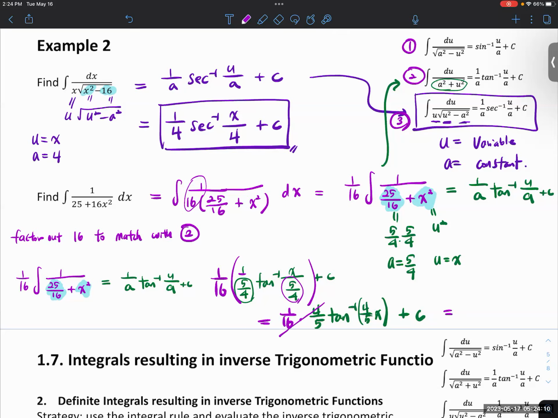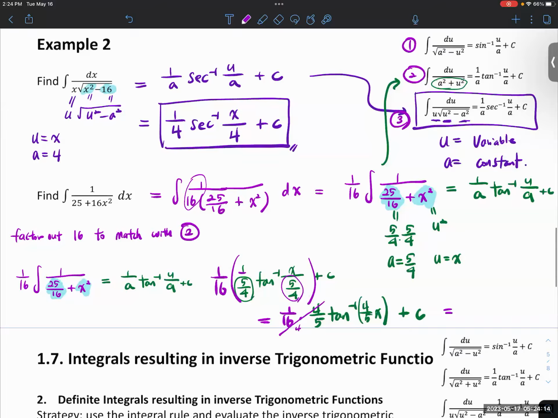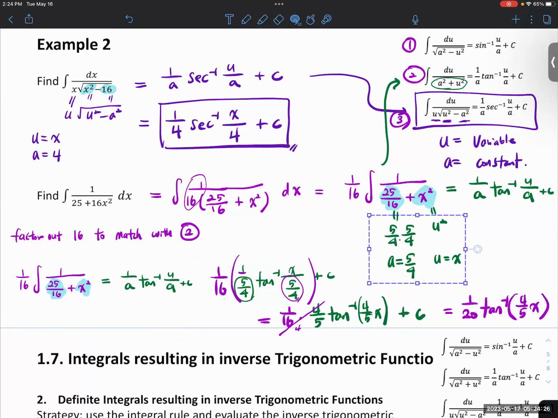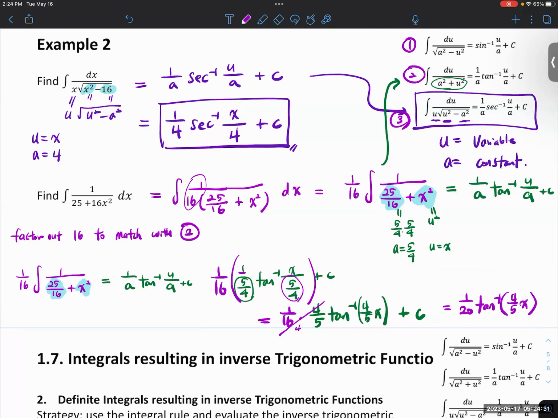So 4 times 4 is 16, and 4 times 5 remains. So 1 over 20 tangent inverse of 4 over 5 x plus c will be the final answer. So that's your final answer.